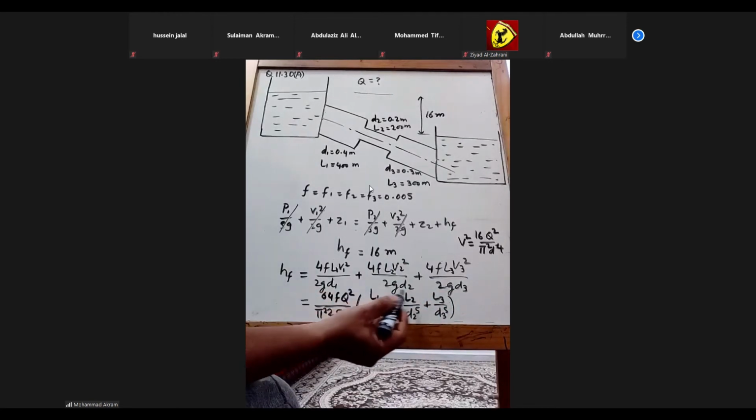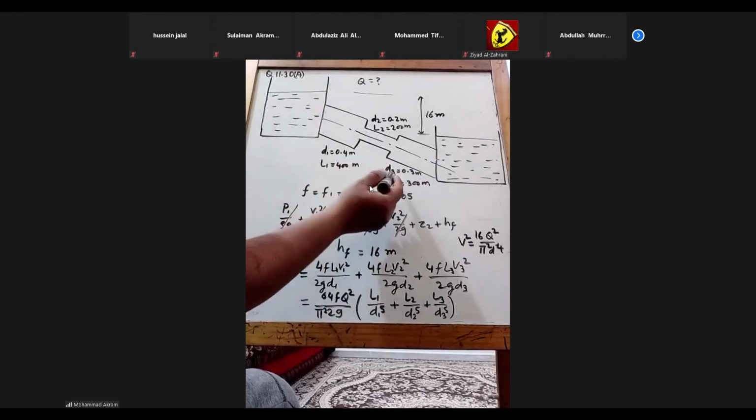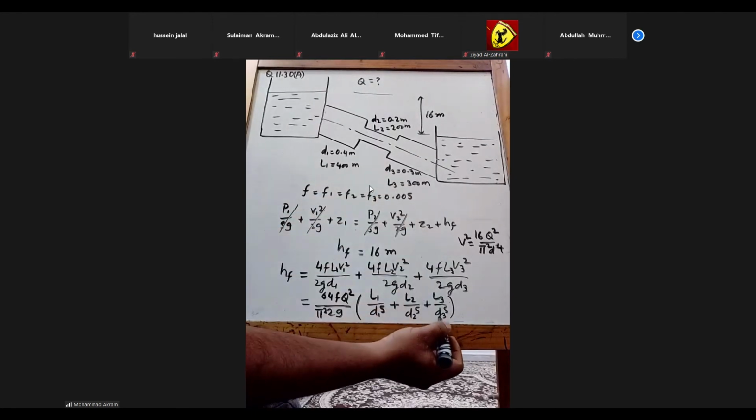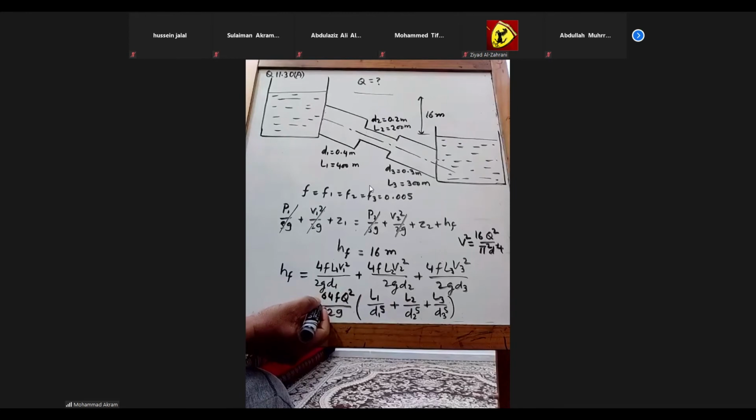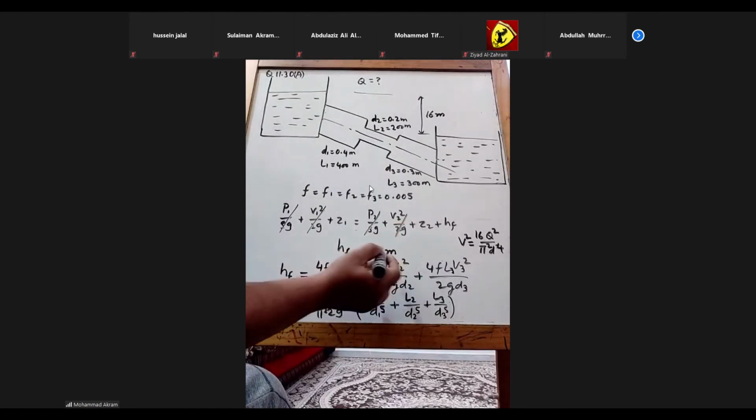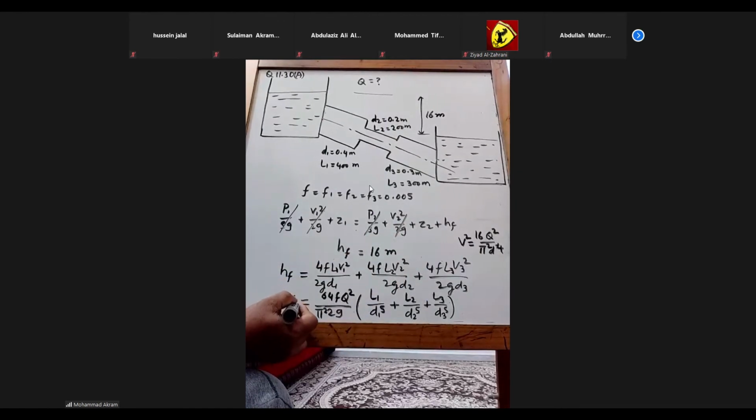Now L1, L2, L3 are given, D1, D2, D3 are given, 64 is there, f is given as 0.005, and HF is 16. So what is unknown here? Q square. So you can get Q from this.